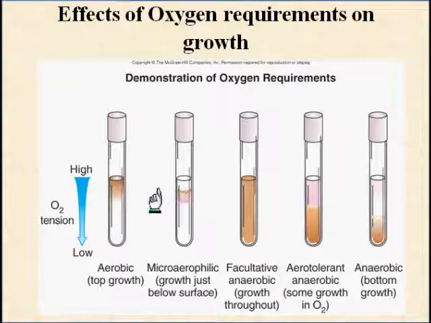With a microaerophile, you're going to see a band of growth just below the surface. Facultative anaerobes, they can grow anywhere in there. Aerotolerant anaerobes prefer growing at the bottom, but they can survive somewhat. So you'll see growth throughout, but you'll see more growth toward the bottom.